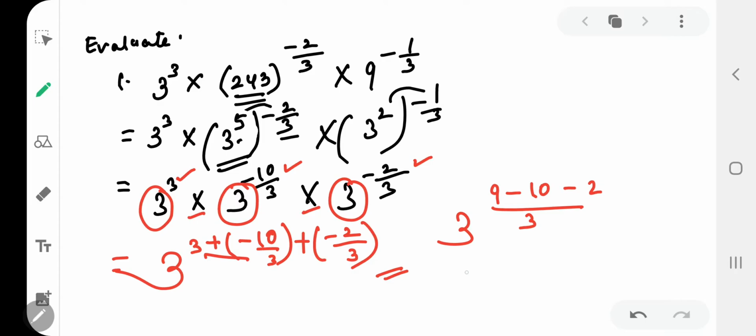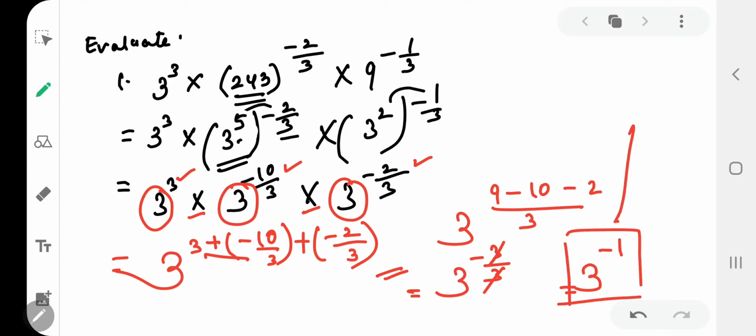That way you will get 3, and up here you will get 9 minus 10 which is minus 1, minus 1 minus 2 will be minus 3 upon 3. So here I'll get 3 raised to minus 1, and this is my answer.